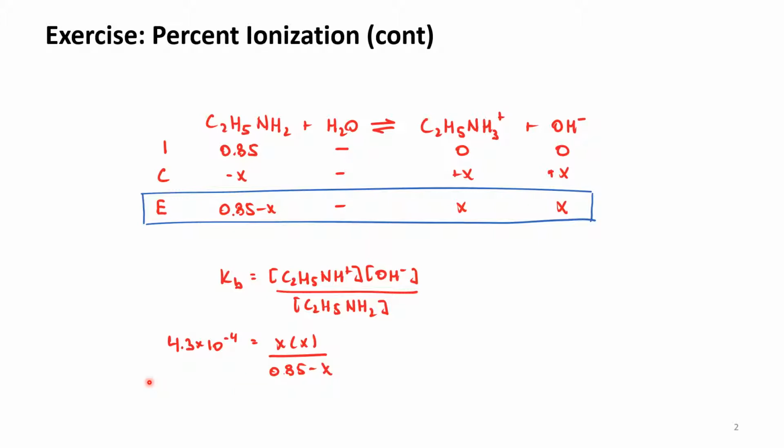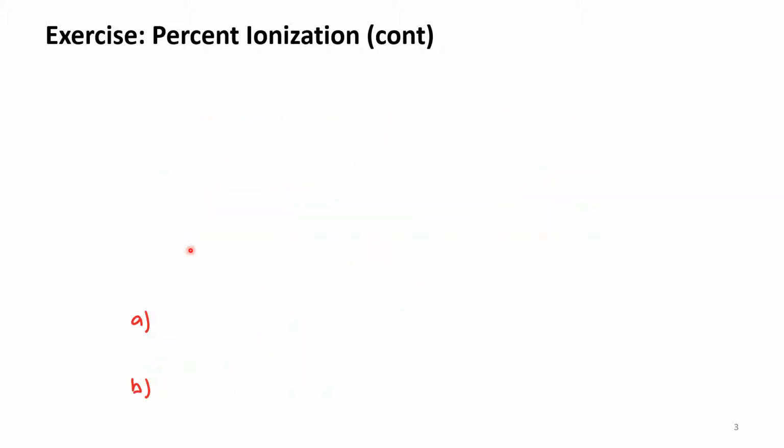So you can see that this will be a quadratic equation, and rewriting the expression as a quadratic equation, we have x squared plus 4.3 times 10 to the minus 4 x minus 3.655 times 10 to the minus 4 equals 0.